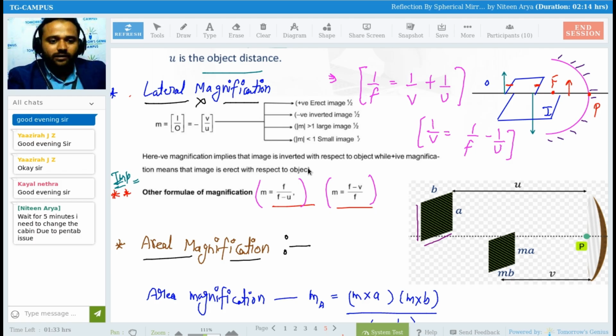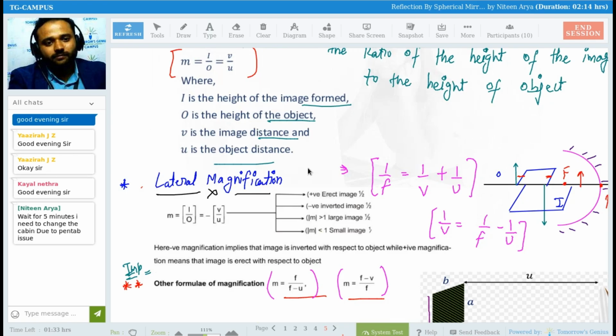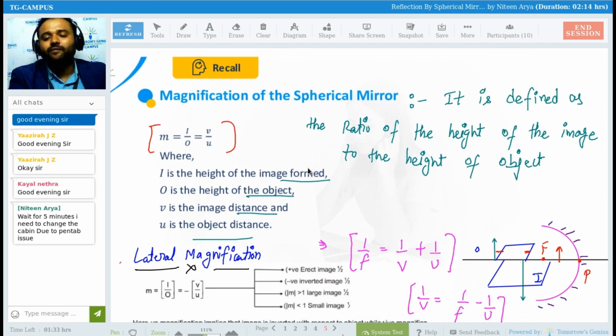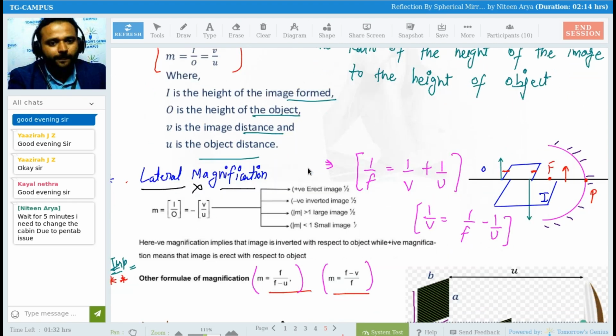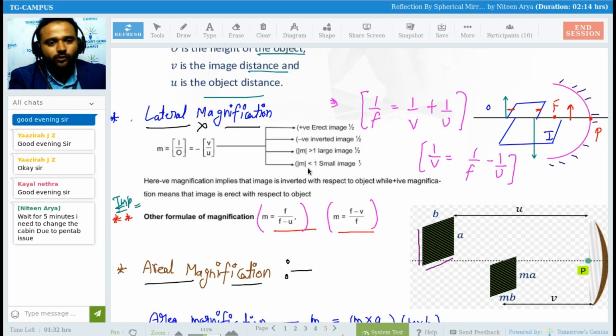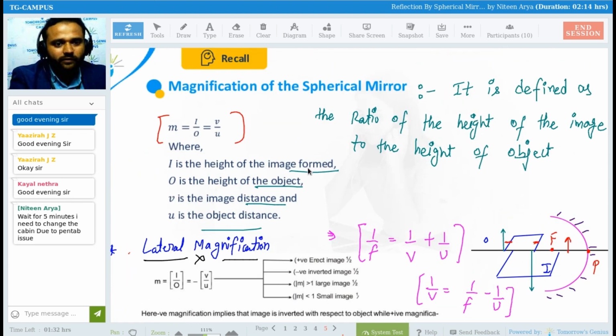Okay, so revising all the main important things about magnification. First of all, what is magnification? Magnification is the ratio of the height of the image to the height of the object, or it can also be defined as the ratio of the image distance to the object distance. Then there is lateral magnification, the simple magnification we learned about: I upon O equals minus V by U. There is going to be a negative sign also.